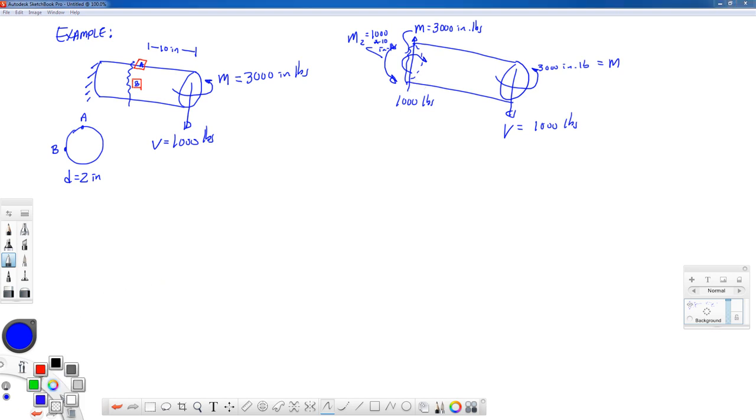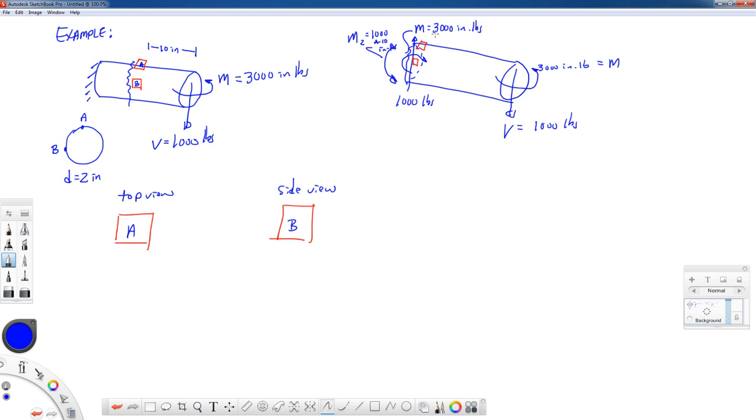So let's draw our points on this. Point A is right up here. Point B is on the side. Let's look at a top view of point A, and a side view of point B. We're going to go through each of these three reactions one at a time and see how they cause stress at that point.